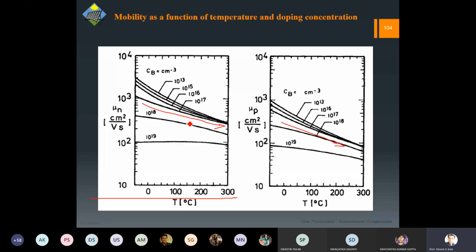You can also see that when the doping is higher, the mobility is decreasing. So again, why? Because higher doping means you have more free electrons or free valence electrons, right? So obviously mobility is down. So again, you have to have a moderate amount of doping. We take it as roughly 10 to the 16 or whatever.